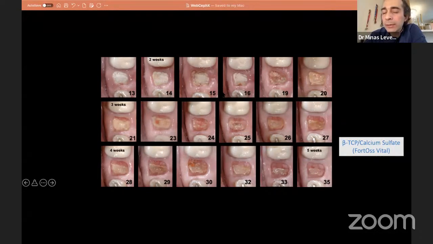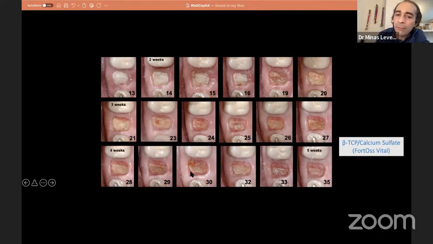Now that we have the connective tissue, we have new layers of epithelial cells that migrate from the periphery, and day by day they proliferate and try to bridge this gap. They try to cover completely the connective tissue and the underlying bone grafting material. So you can see here how we can visualize the new epithelial cells.